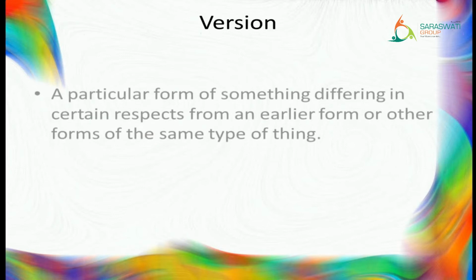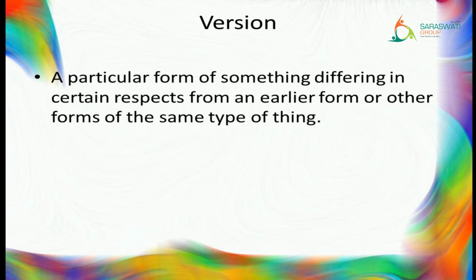Version. What is it? What is the meaning of it? A particular form of something differing in certain respect from an earlier form or other forms of the same type of thing. That means the new thing, right? The way we have studied the paint, but now we are studying the new version of the paint, that is paint 3D.